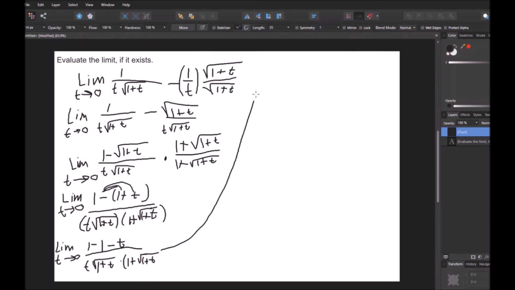So I'm going to rewrite this over here. So basically this 1 and negative 1 are going to cancel out, leaving me with the limit as t approaches 0 of negative t, and then this is going to be t times square root of 1 plus t times 1 plus square root of 1 plus t.